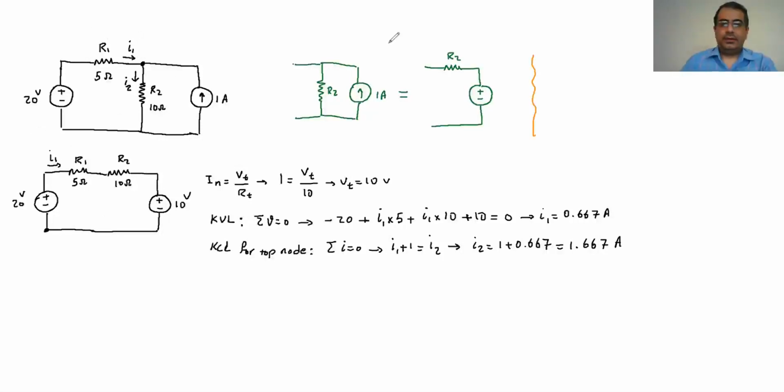I have the battery, that 20-volt battery, and the resistance, which is R1. Now I can replace that with the current source.